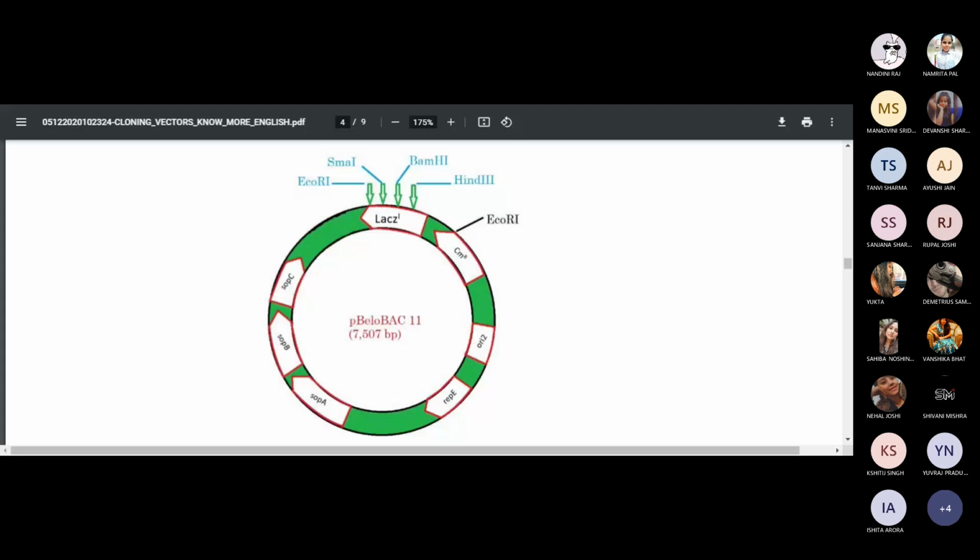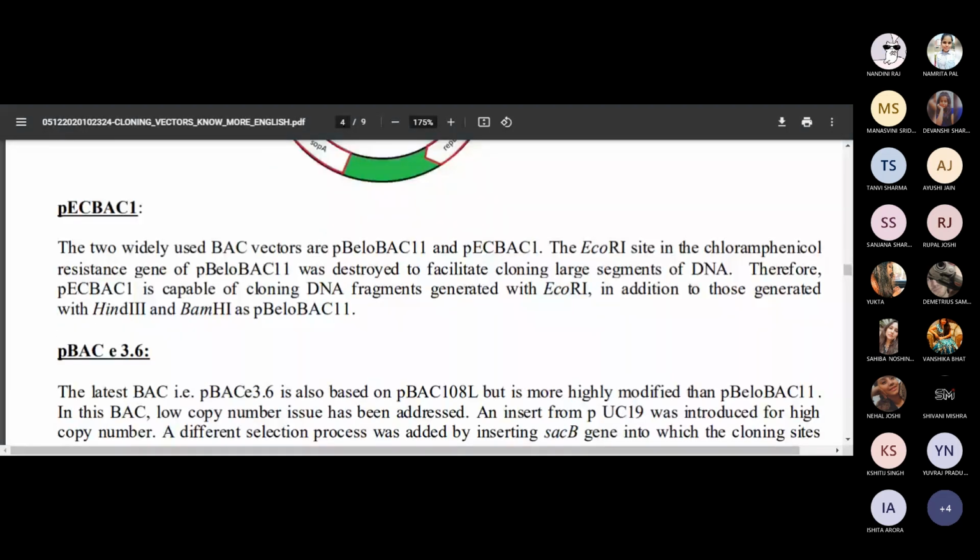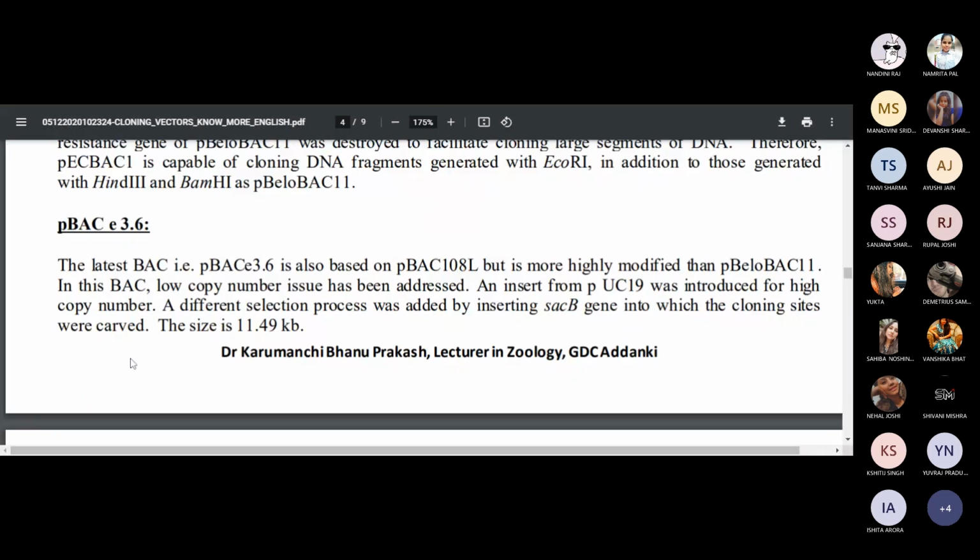If you clone your gene within these sites, it will lead to inactivation of the lacZ gene, and the inactivated cells are going to be white in color, whereas the cells having an intact lacZ gene are going to be blue. Other genes are also intact in it, including the par genes and other genes that we need. Other examples in this series are pECBAC1 and pBC 3.62.